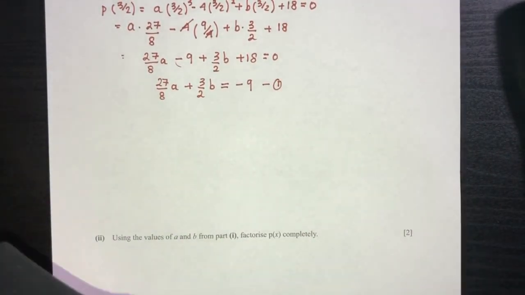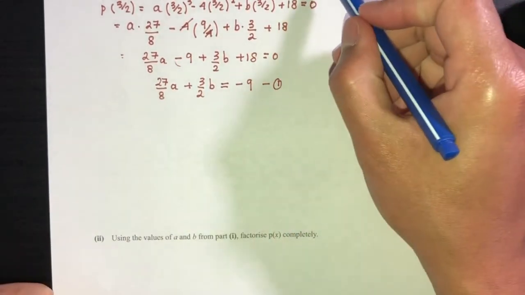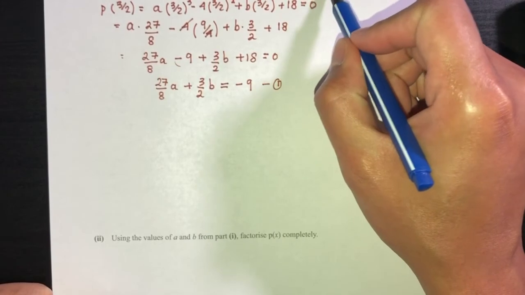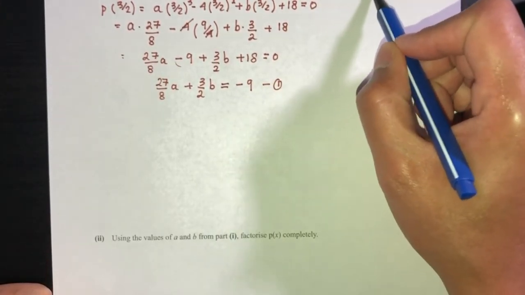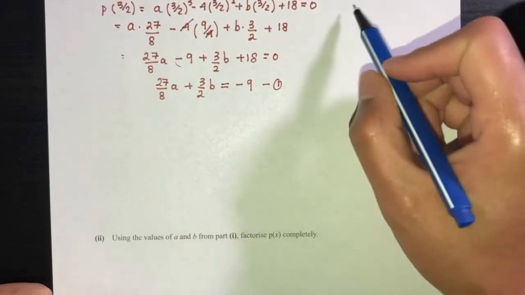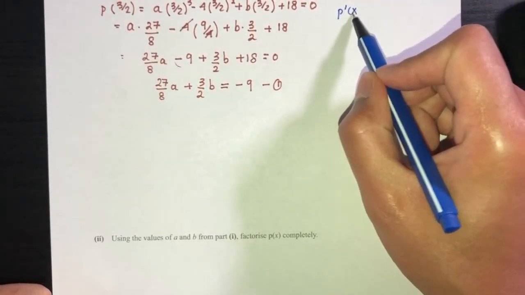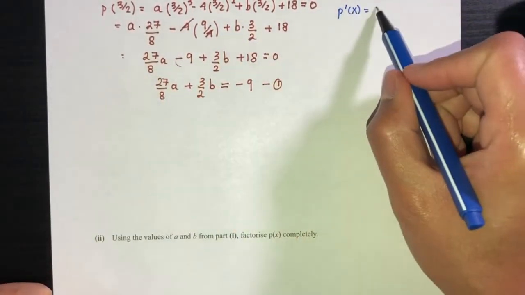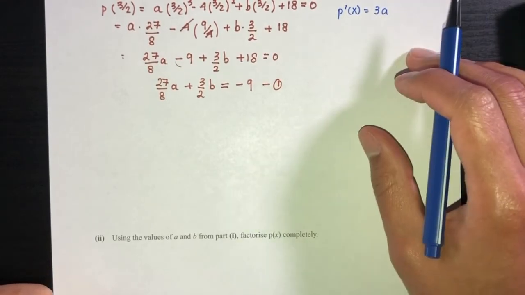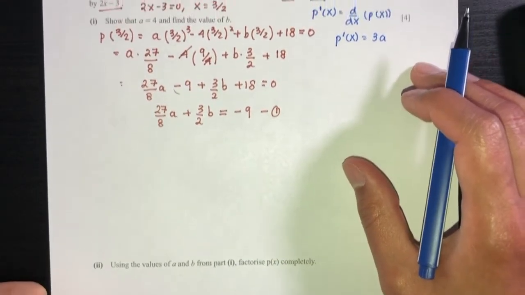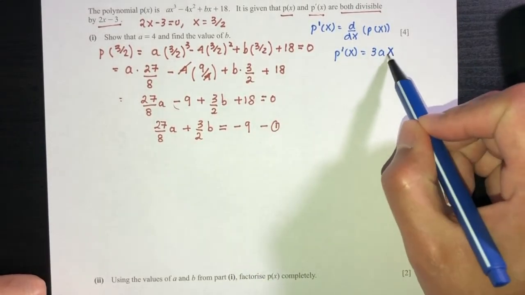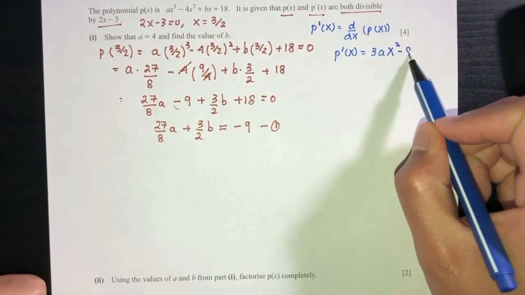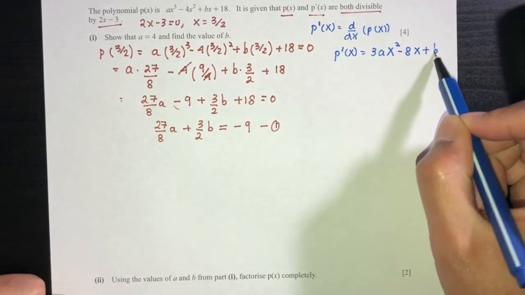Now we have to find equation number 2, so we have to use this one. So what is p prime? P prime of x is just the derivative of p of x. So p prime of x is equal to 3a of x squared minus 8x plus b.